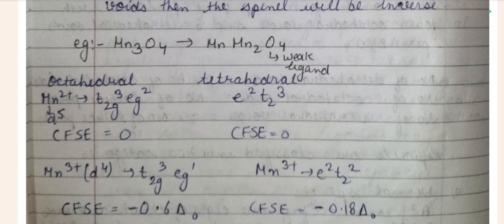First, Mn3O4 changes into Mn2O4, a weak field ligand case. In octahedral, Mn2+ having electronic configuration t2g3 eg2, the CFSE is 0, and in tetrahedral, the electronic configuration is e2 and t2 3, the CFSE is also 0.